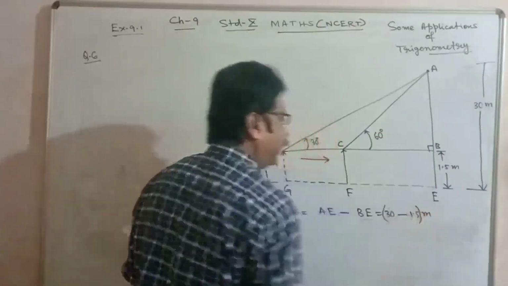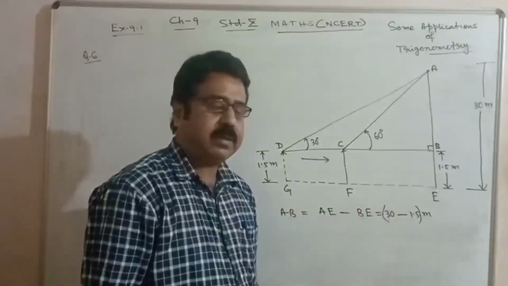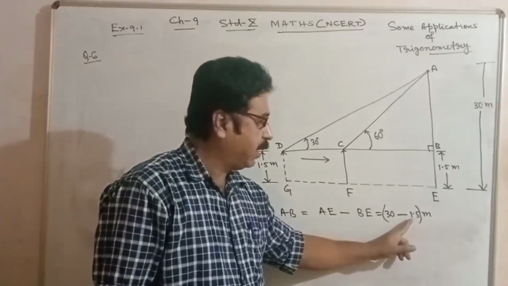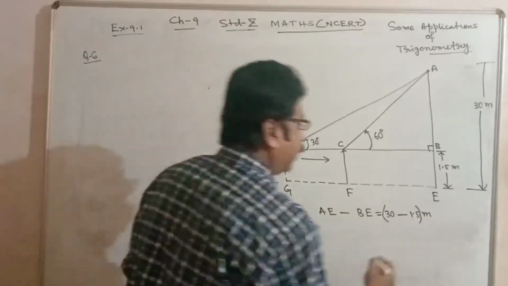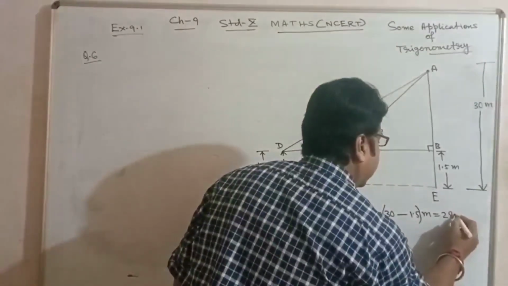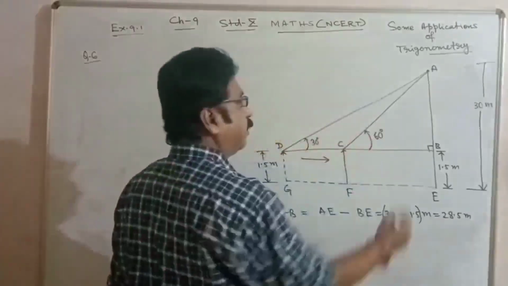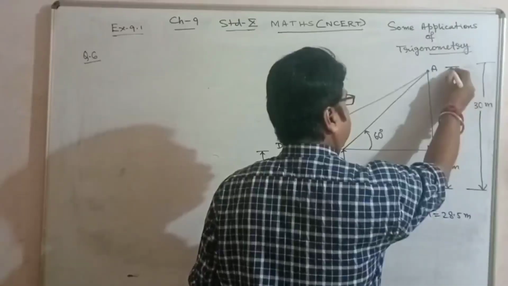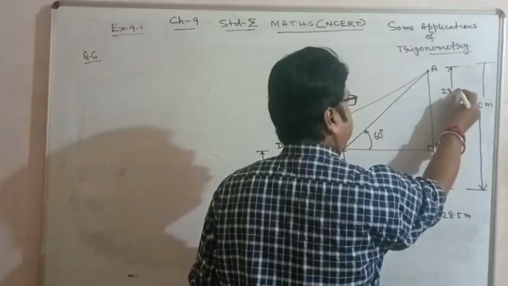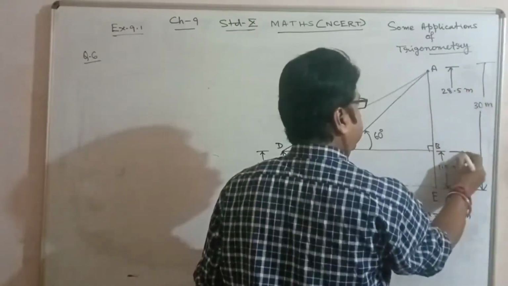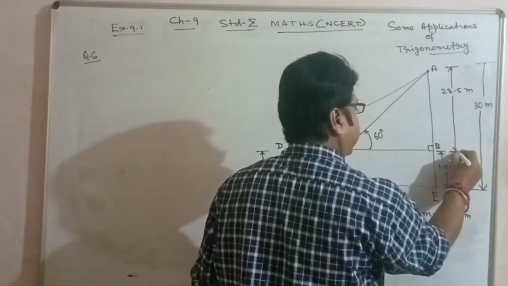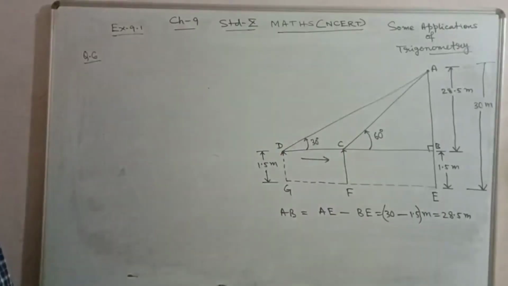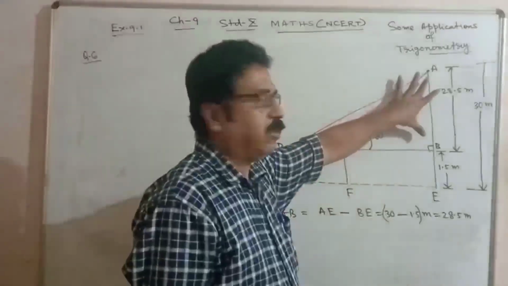If we subtract 30 minus 1.5 is 28.5, because 28.5 plus 0.5 is 29, plus 1 is 30. It will be 28.5 meter. So this much length is 28.5 meter. AB is known, 28.5.